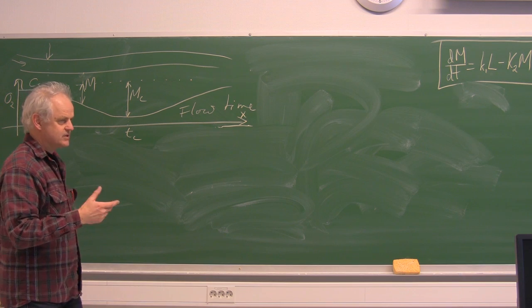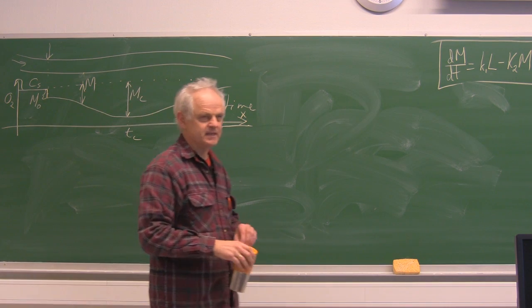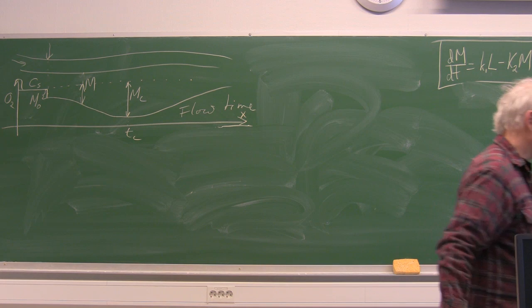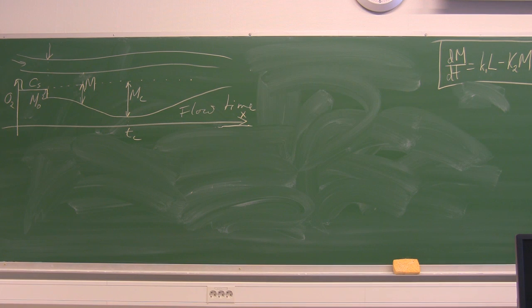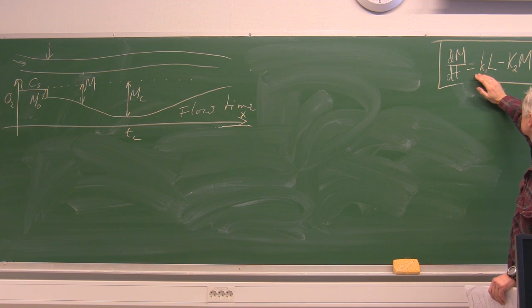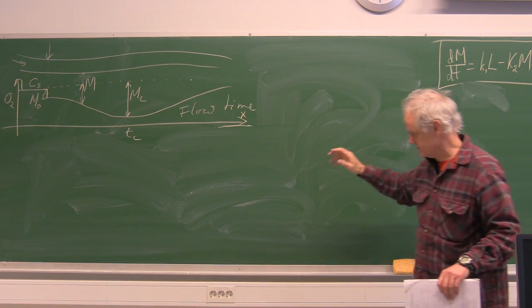So any ideas how we could approach finding that spot? If we look at the equation we have now, the Streeter-Phelps equation, changes in oxygen deficit with time as a function of the consumption and the supply of oxygen.